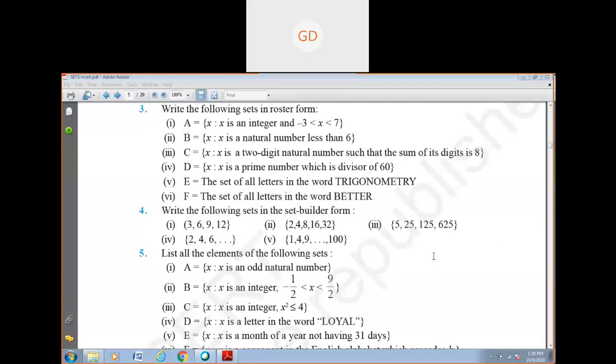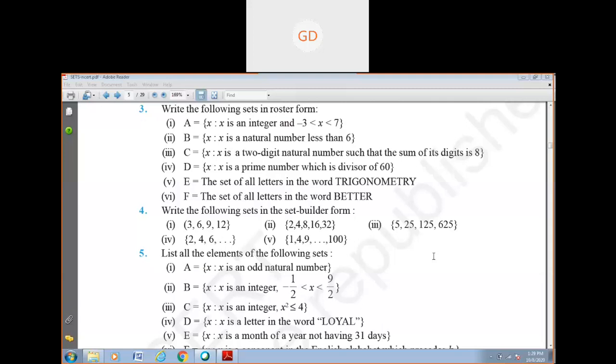So here again set builder form examples are given. Number 5, sub question 1: A is equal to x such that x is an odd natural number.